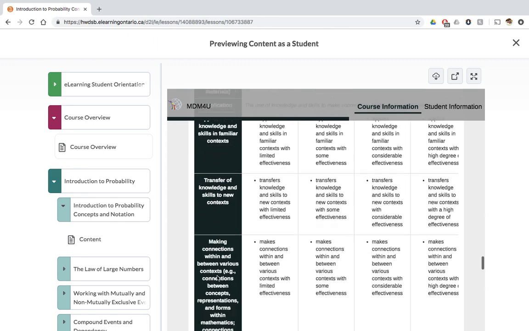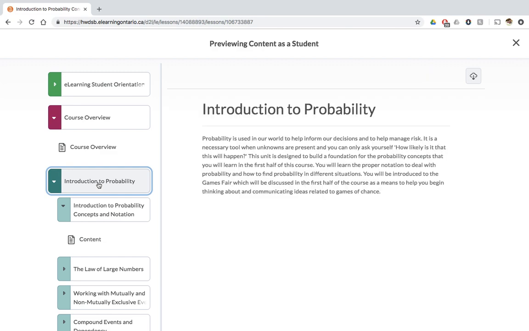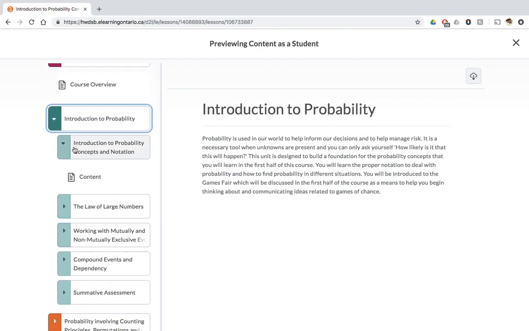What I really wanted to get into is over here, the introduction to probability. You have already done the orientation part of the course, and now we're into the first unit, introduction to probability. As you can see over to the left-hand side, we have 5 submodules within introduction to probability.